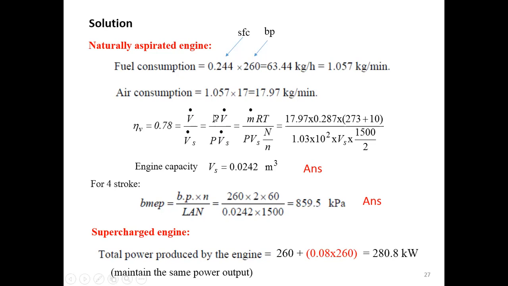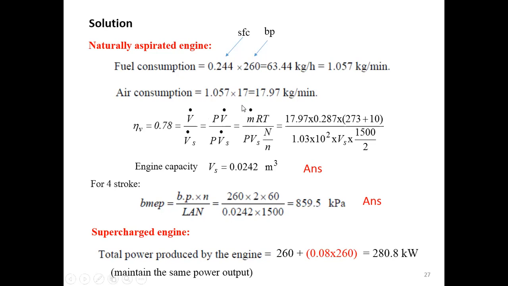So above we have PV dot, below we have PV dot S. For the first one, PV dot, we can consider our air to be an ideal gas, because even under compression, if it is not very high, our air can still be assumed to be an ideal gas. So by that, PV dot becomes m dot RT.